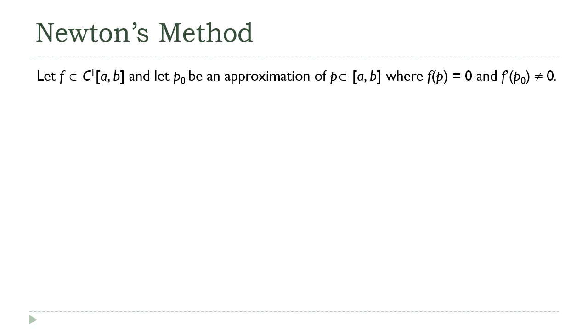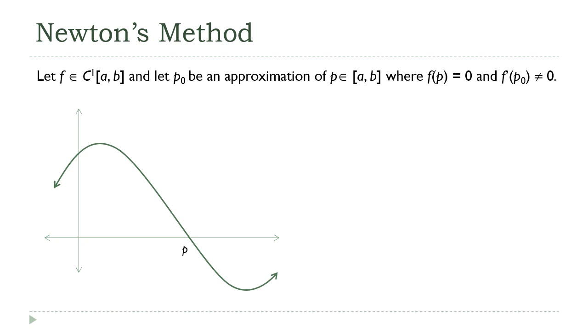All right, so next, let's look at the graph of the function. Let's just sketch out something like this for us to look at. The root P that we're looking for is here. And I'll put our first approximation, P0, over here. Now that value corresponds to a point on the graph, (P0, f(P0)).